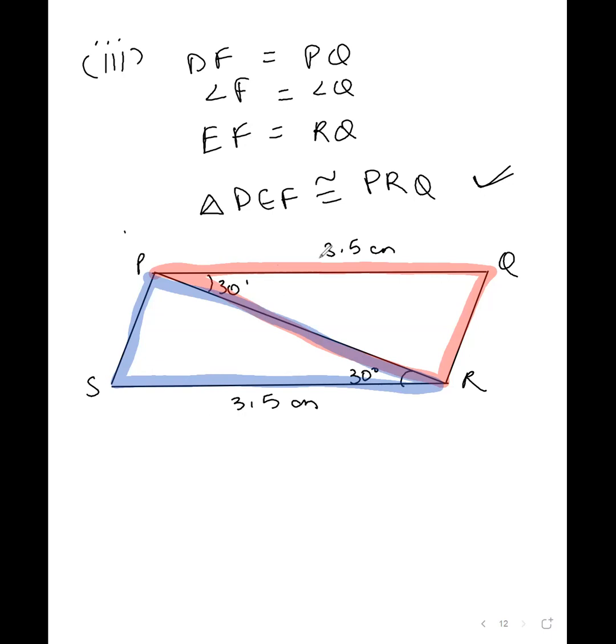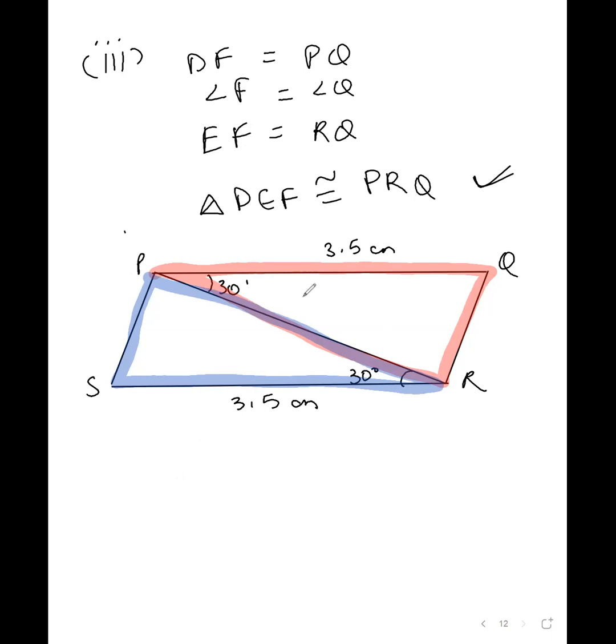First tell me which side is equal to which side? What do you mean by side here? In these two triangles, the red triangle and the blue triangle, do you have equal sides? Yes. Tell me which two sides are equal.